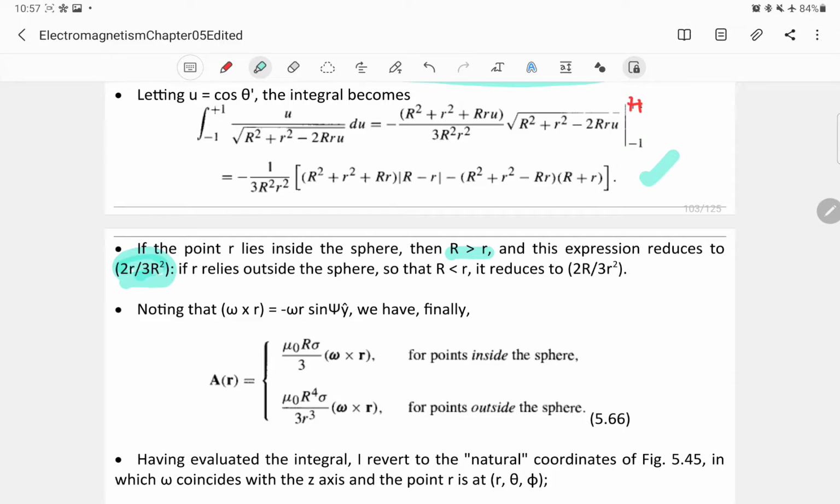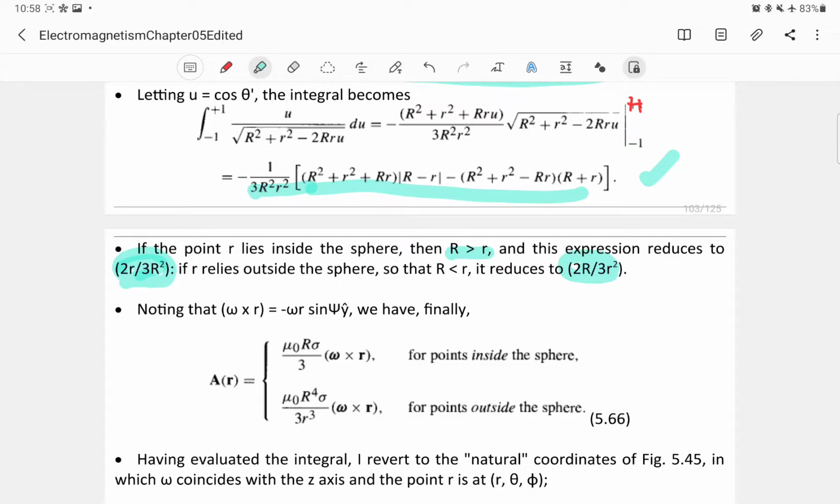And if it's outside the sphere, then this expression will reduce to this one. The whole expression.